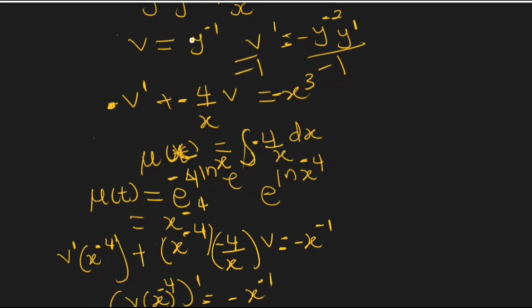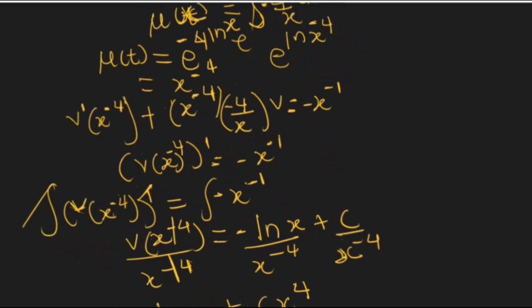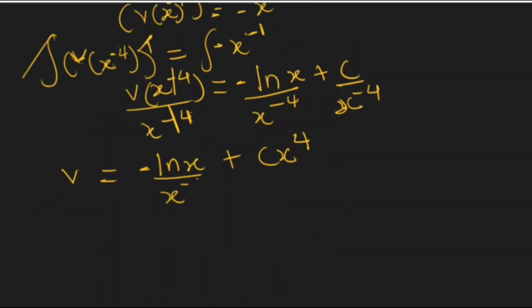So once we get this, we need to put it back. Wherever I see v in our equation, put y to the power negative 1. So at this point, this v becomes y to the power negative 1.